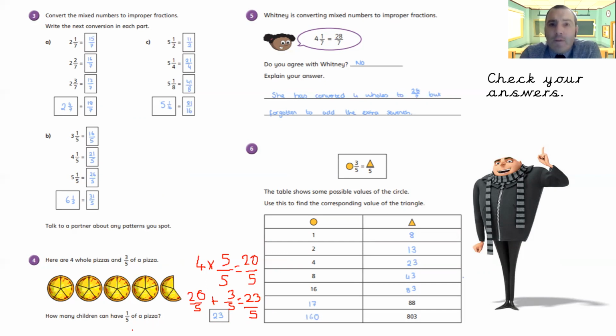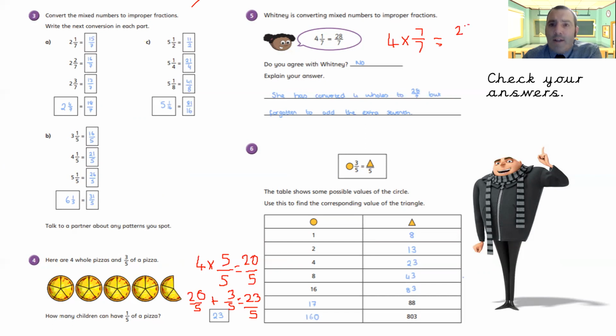Question 5. Whitney is converting mixed numbers to improper fractions. Do you agree with Whitney? Well, no, we don't agree with Whitney. What she's forgotten to do is add on the extra 7th at the end. She's done 4 times 7/7, and she's done it correctly because she's remembered I don't need to change my denominator, it's just the numerator.